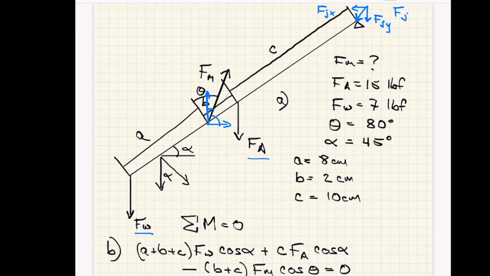Now we can think about this different ways, and I can't really give you a simple recipe for this, but if we stare at this situation where the force Fm is applied, we can see that we have an angle theta between the perpendicular to the arm and the application of Fm. So that's theta. We've defined that already.